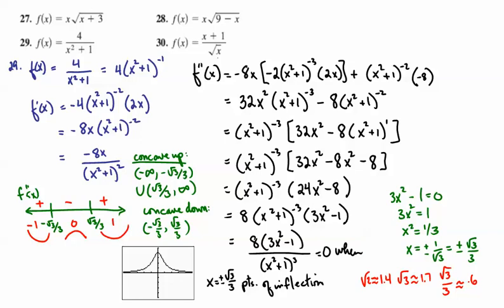We don't have much space, but we can see that at about negative 0.6, roughly here, the graph changes from being concave up to being concave down, and at roughly positive 0.6, it changes from being concave down to concave up. And so the graph confirms our analysis, and that'll be it for this video.